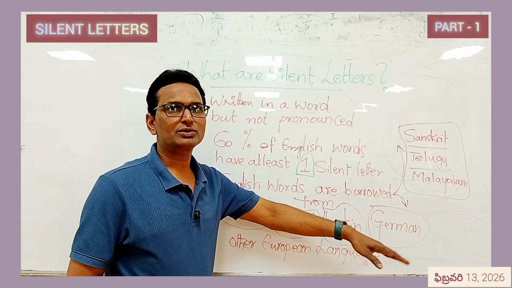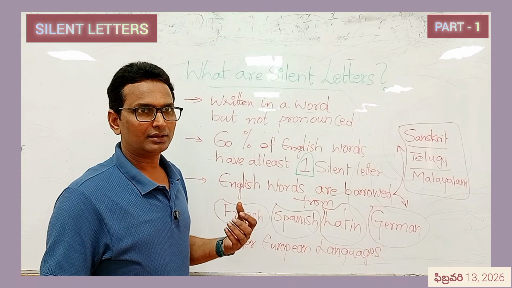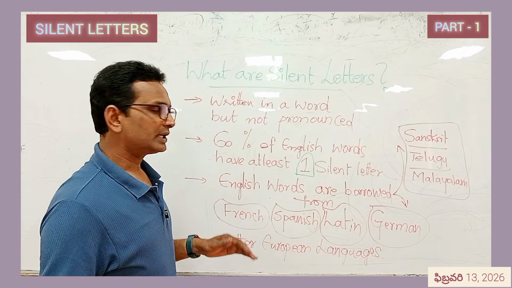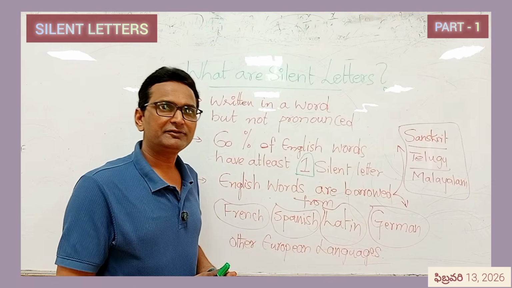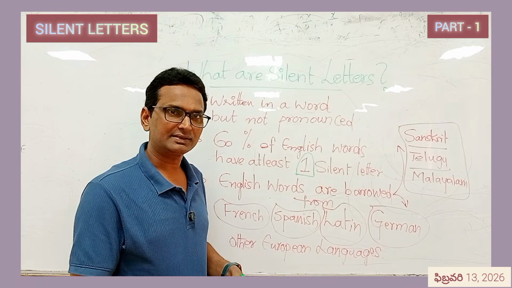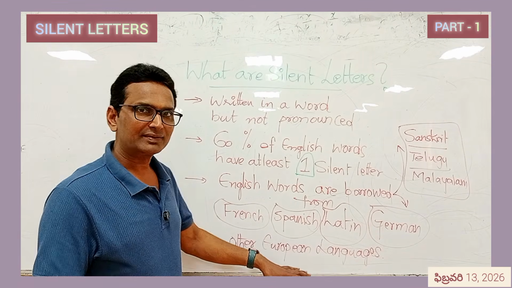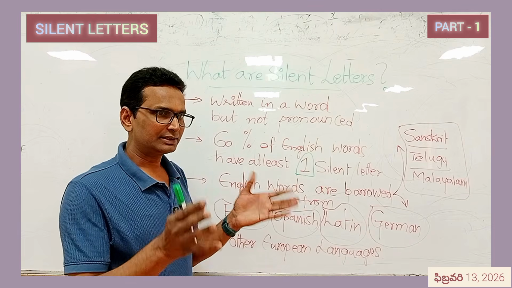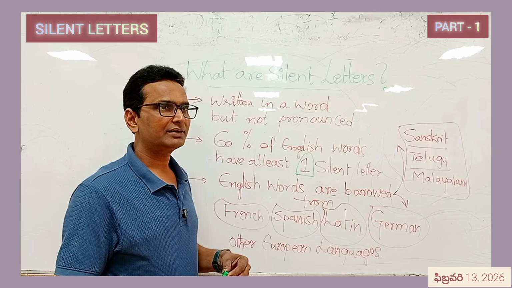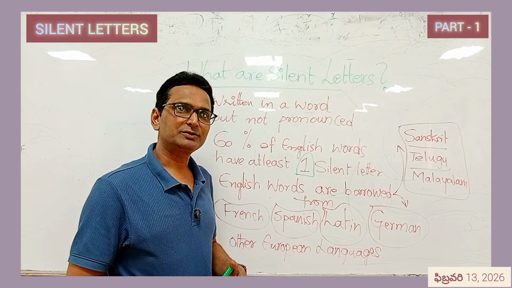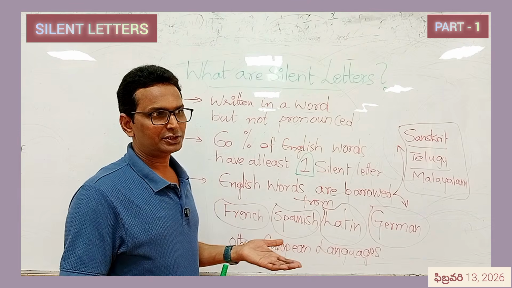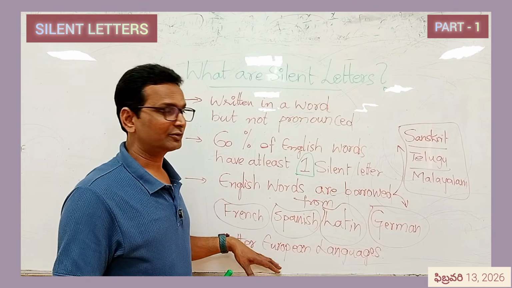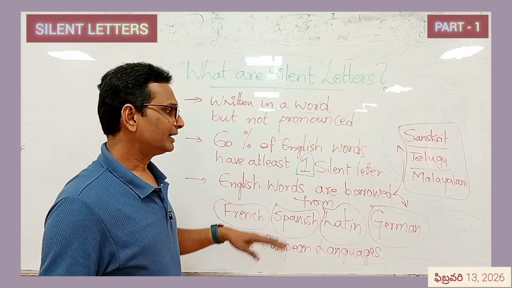And German words have been borrowed from Germany in order to develop certain fields of interest and sciences in English. Other European languages have also contributed to the development of vocabulary. Today, when we speak English, we might use and write words which sometimes we don't know are from these countries, but we use them.